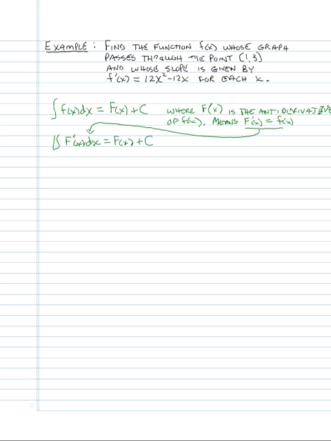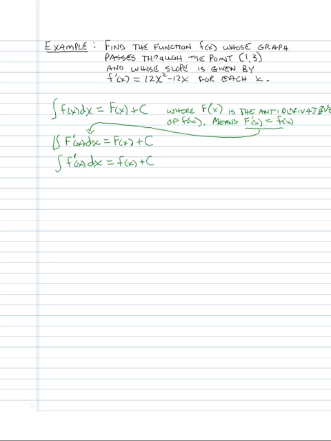This is basically saying the integral of a derivative is the original function plus a constant. So we could say the integral of the derivative of the function is equal to the original function.